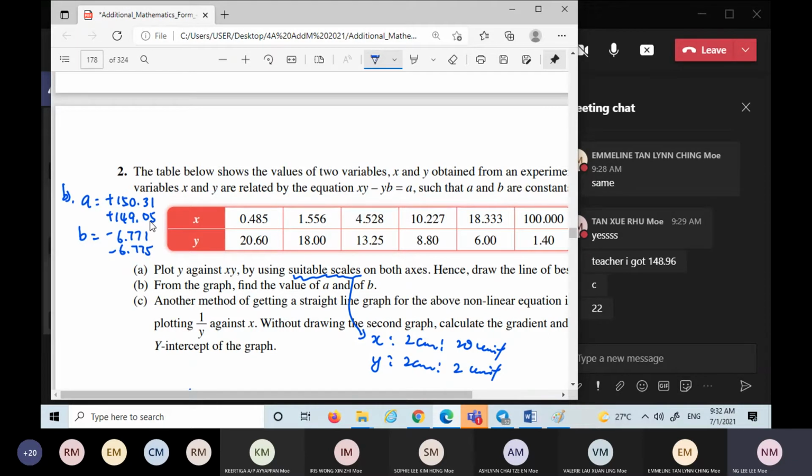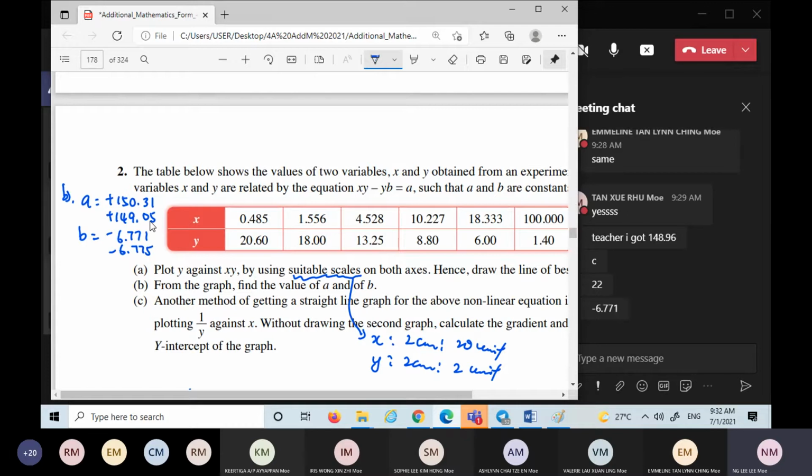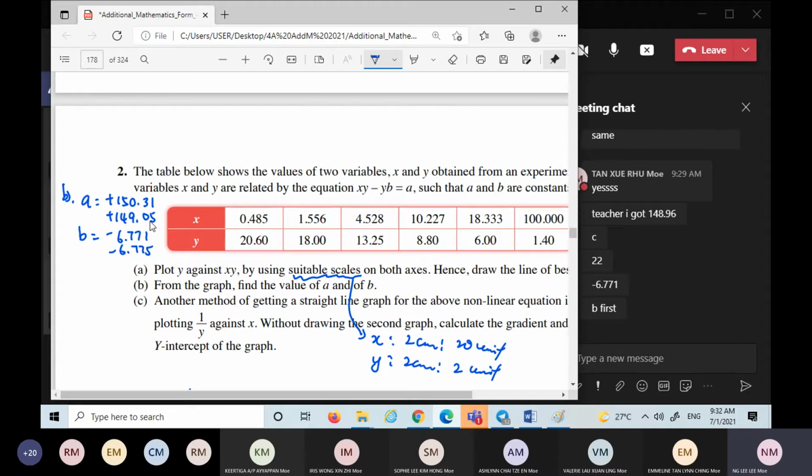So what is your B? You get B first or you get A first? Negative 6.771. Okay, you get B first. So B comes from your gradient. If you get the B as this 771.